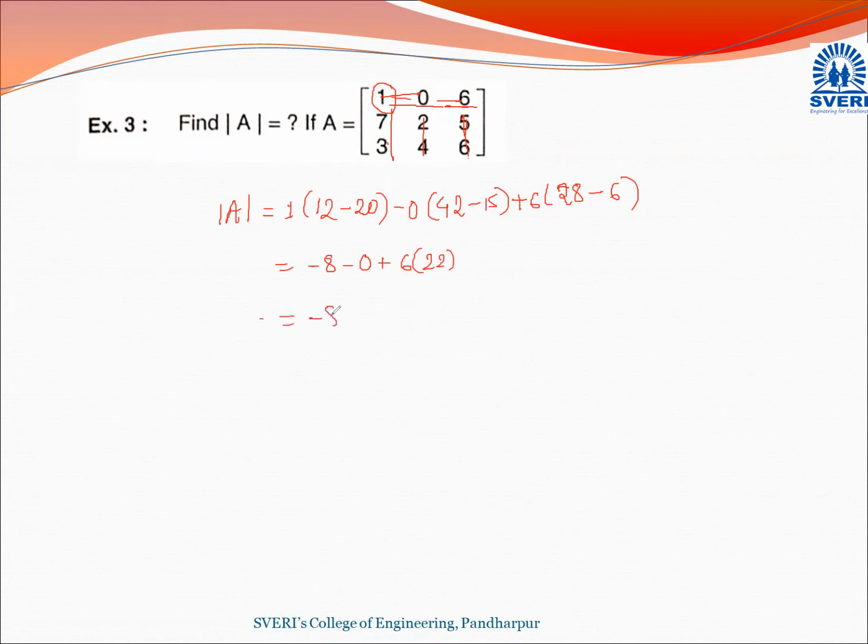Which is equal to minus 8 plus 132, which gives 124. The determinant of matrix A is equal to 124.